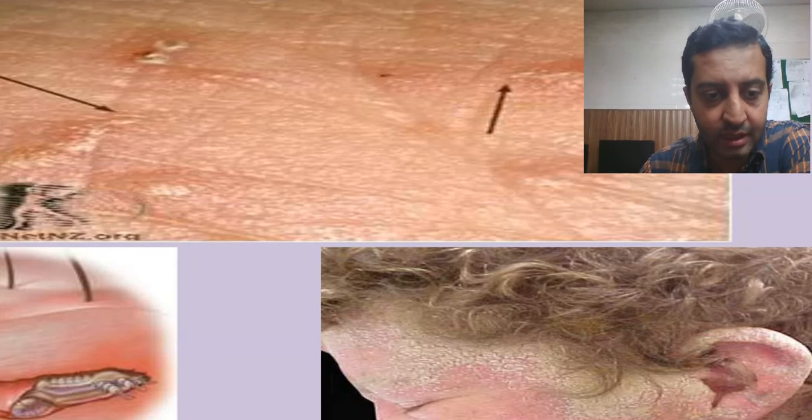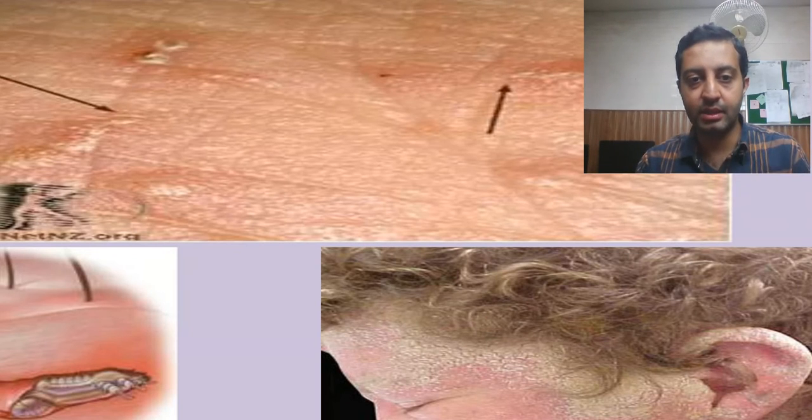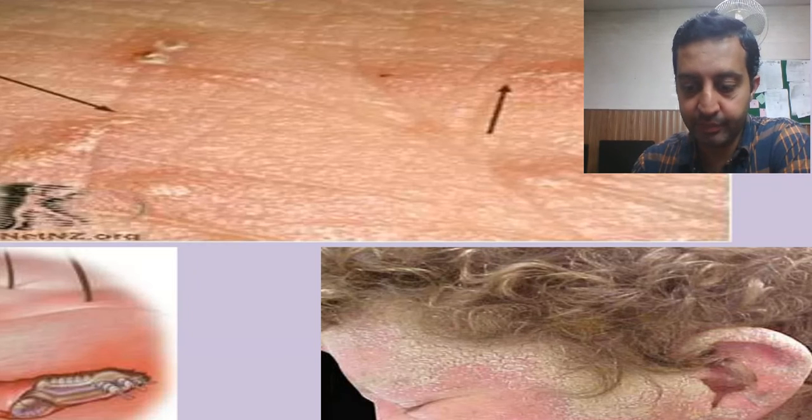So ultimately these eggs are hatched, and the larva move to the skin, and then they complete their life cycle, and then they infect another part of the skin.